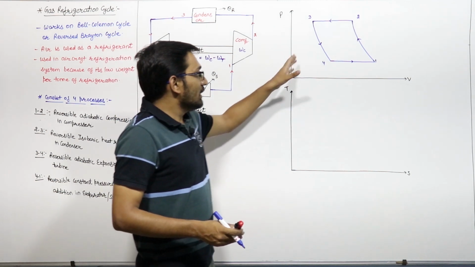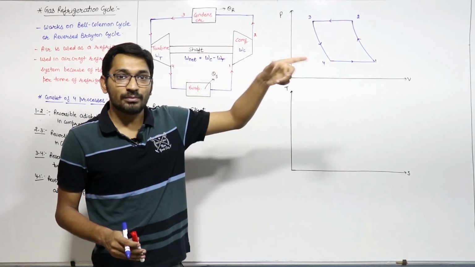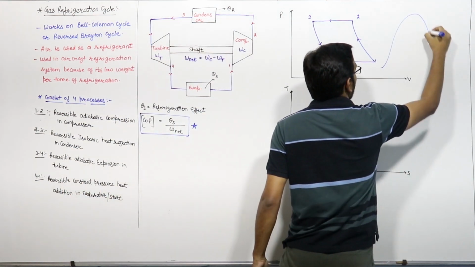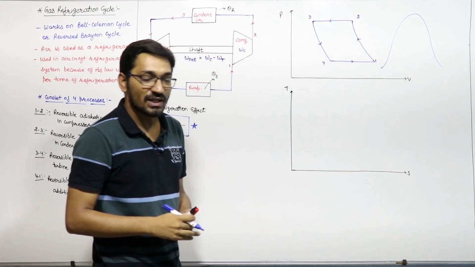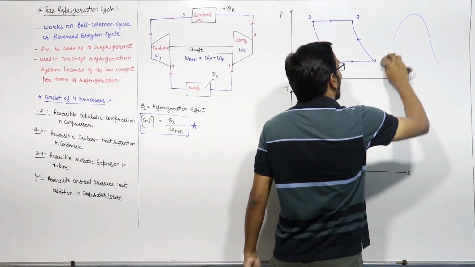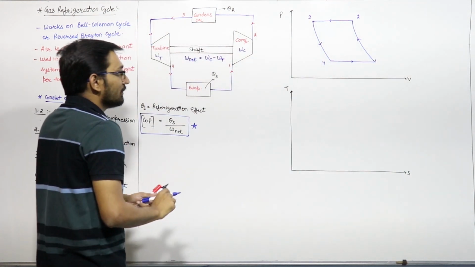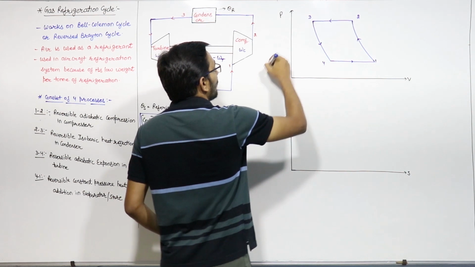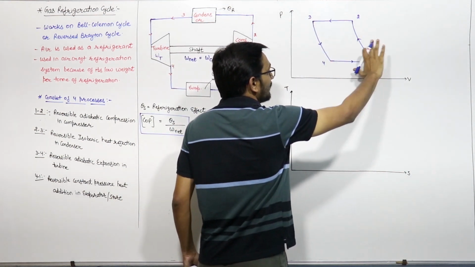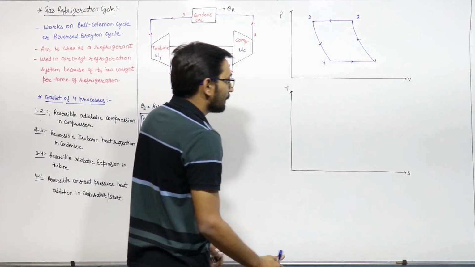In this PV diagram and TS diagram, I am not showing the phase change dome, because there is no phase change. This is completely in the gaseous phase, so no need to show the dome here.